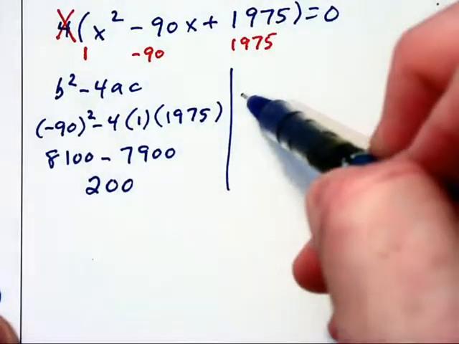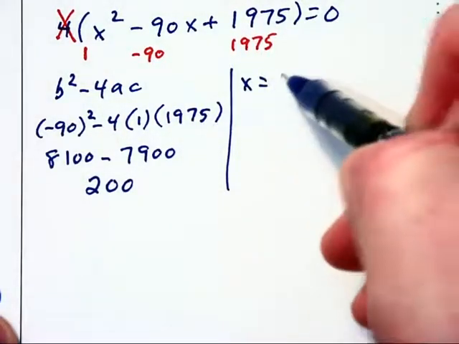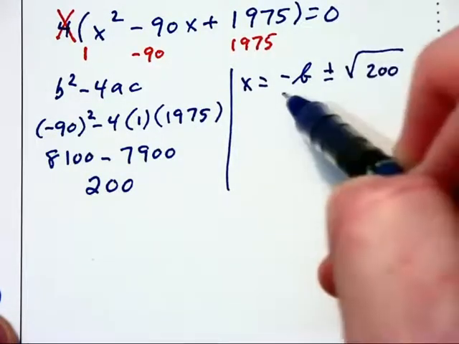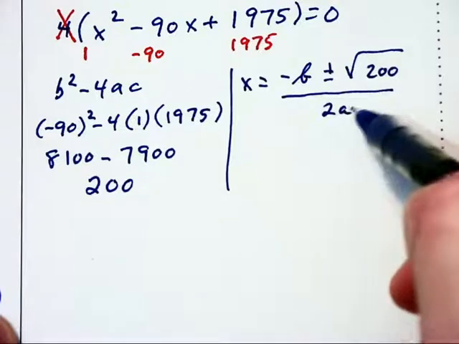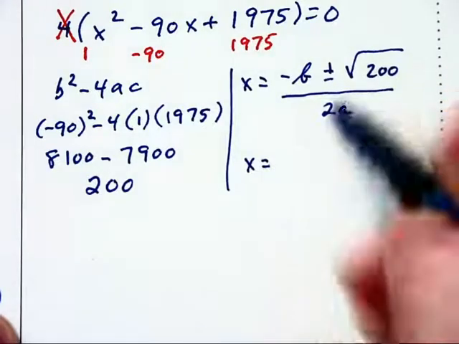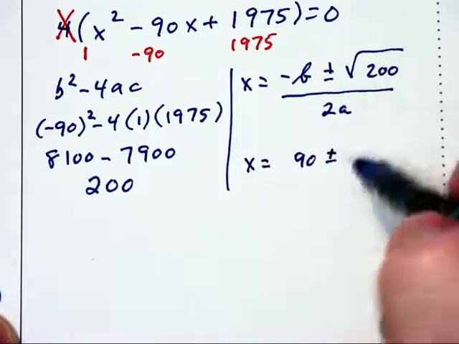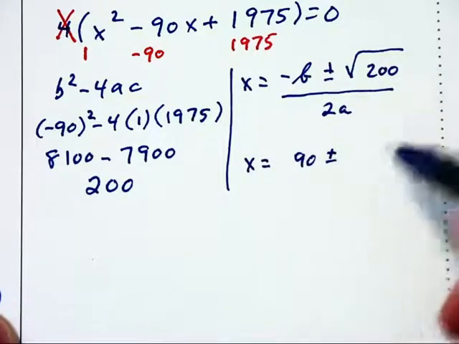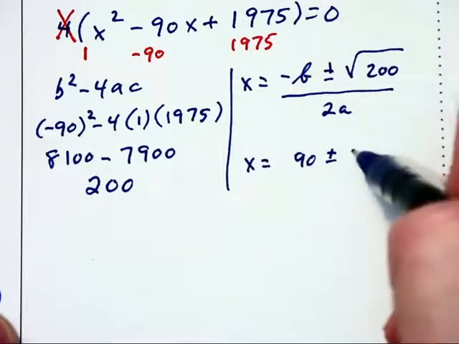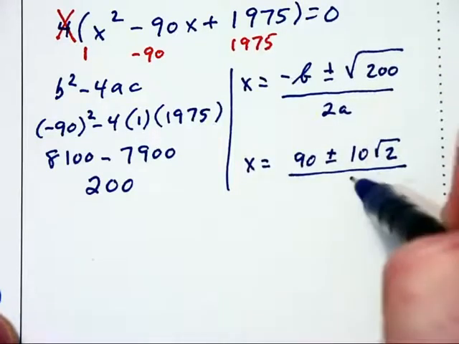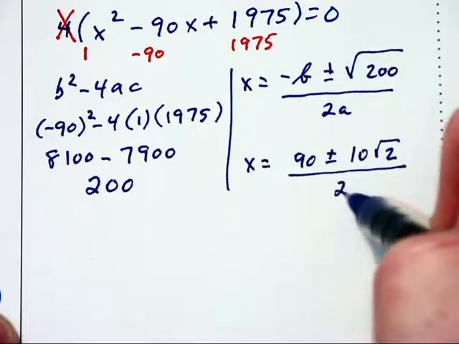Continuing on, x will equal negative b plus or minus the square root of 200 all over 2a. X will equal negative of negative 90, so that's 90 plus or minus the square root of 200. Now you can leave that as square root of 200 or rewrite that as 10 root 2, your choice, all over 2a. 2 times 1 is 2.